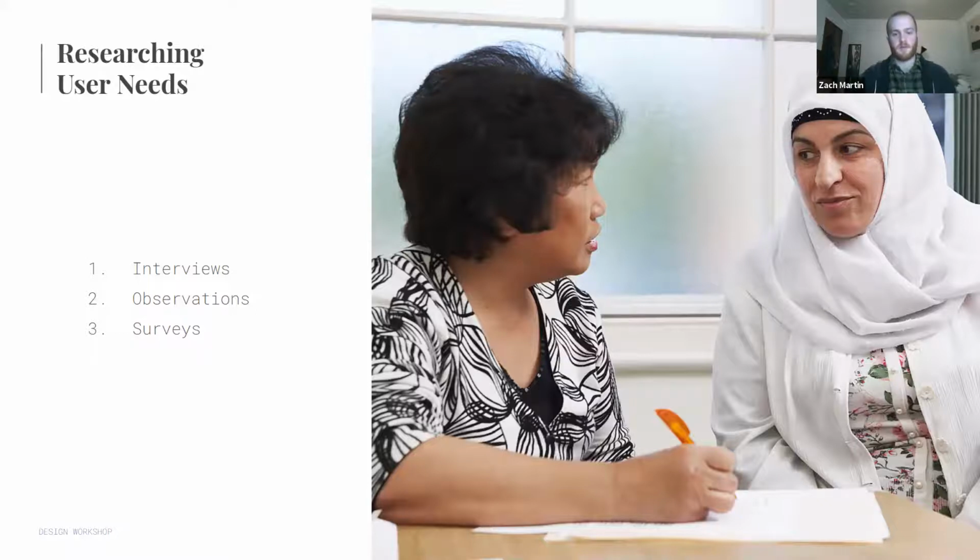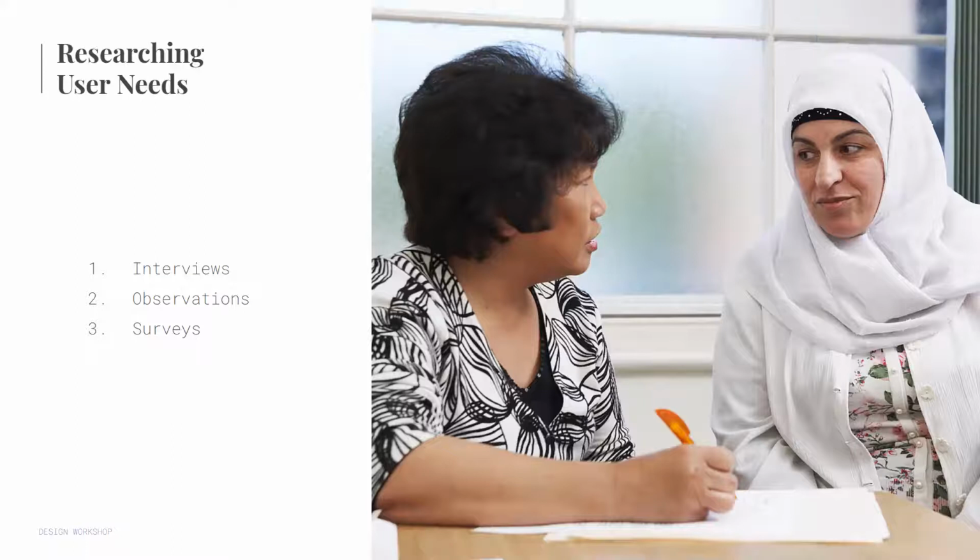Obviously, the first step in user research is actually collecting data from the individuals that you're trying to engage with. Hopefully you have had some experience with running user interviews, but we also wanted to highlight observational research as a super accessible and important tool.